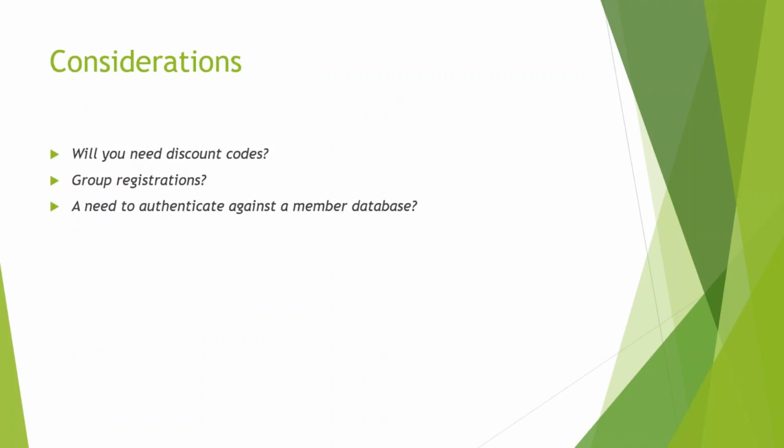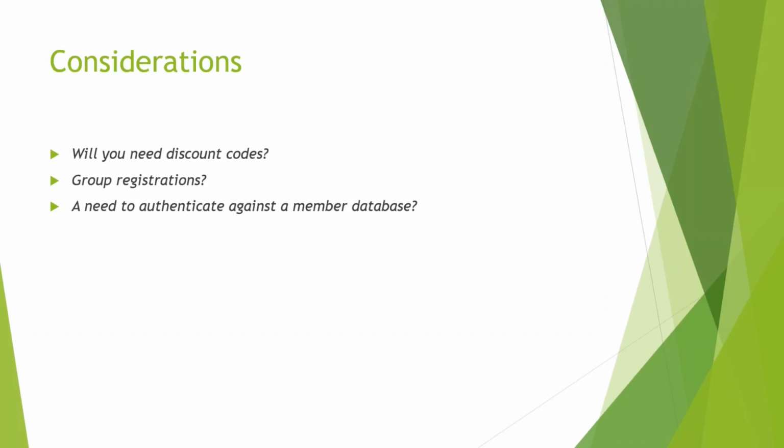Okay, some things that you need to consider that we would ask you early on that might cause us to have to customize a little bit and might cause us to work towards Authorize.net or so on, is if you're going to need discount codes, are you going to have group registrations?